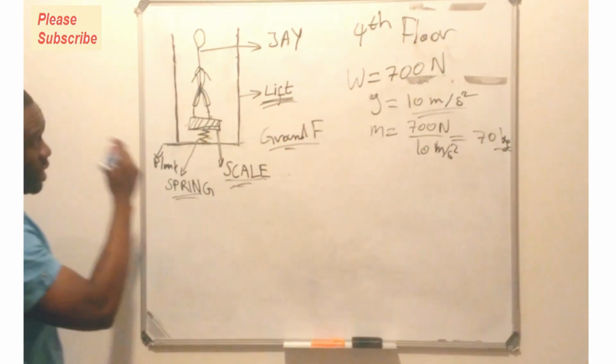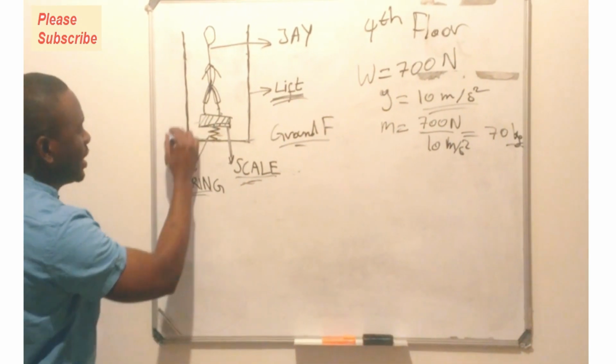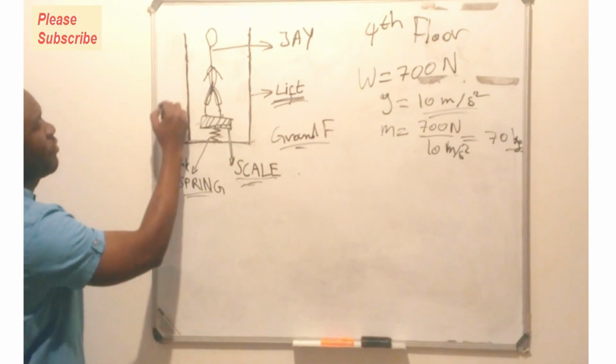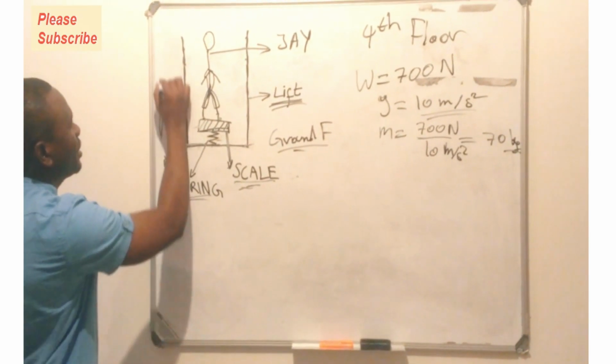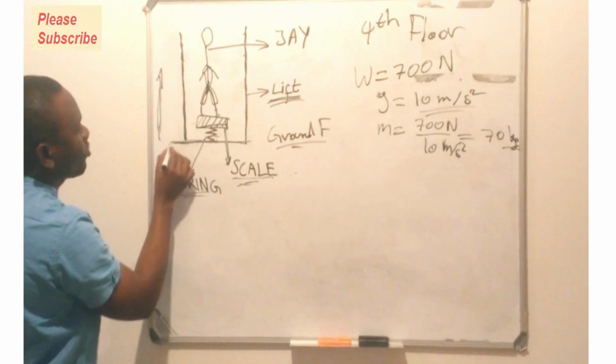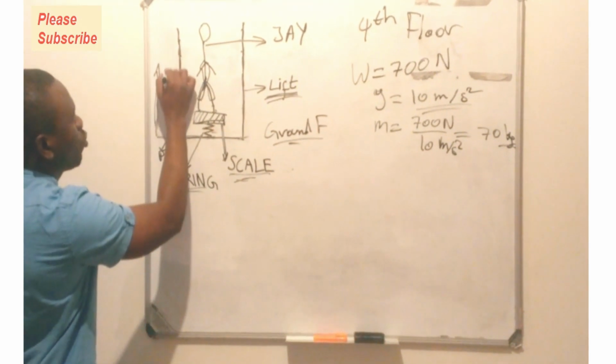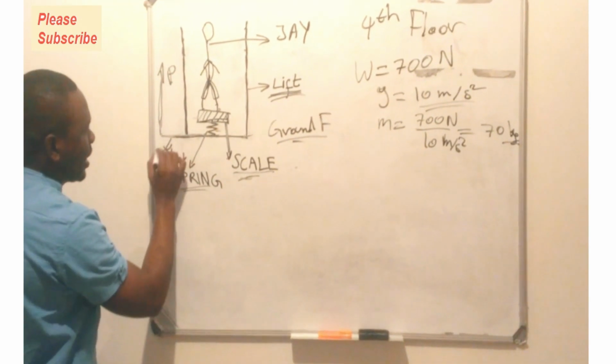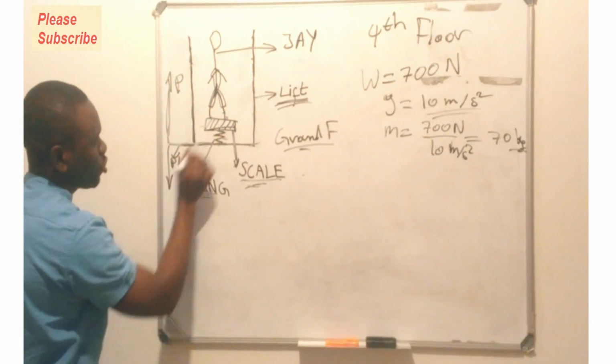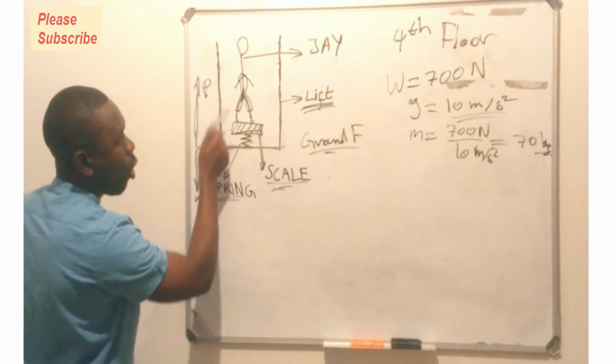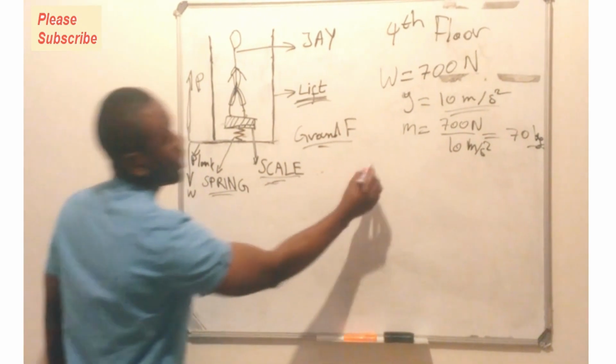Now, as they want to go up, considering the free body diagram here, here is the reaction of the lift from the plank, which is P, and here is the action, the weight of J.